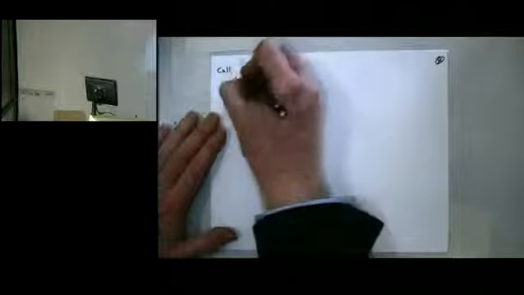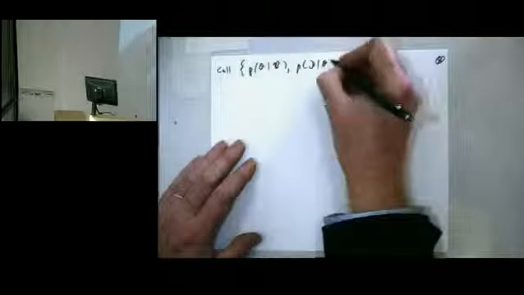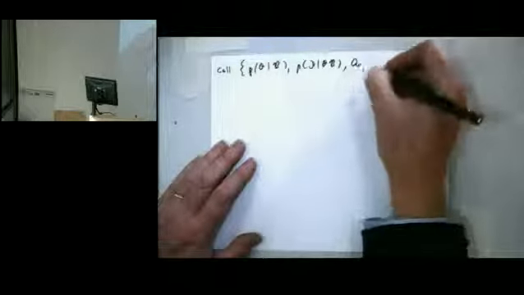But anyway, once we've got these ingredients, let's agree to collect them together into a little collection of four things. Namely, let's call the following things: P of theta given B, P of D given theta and B, script A, and the utility function U of A and theta.